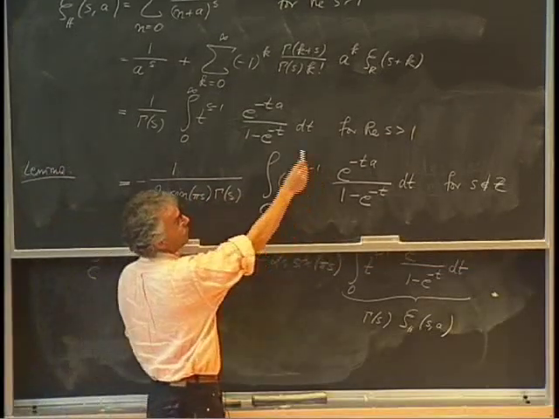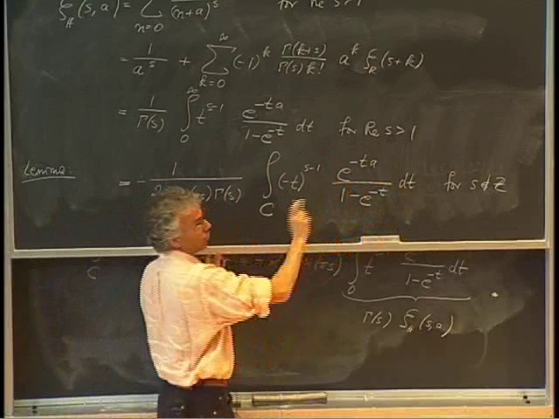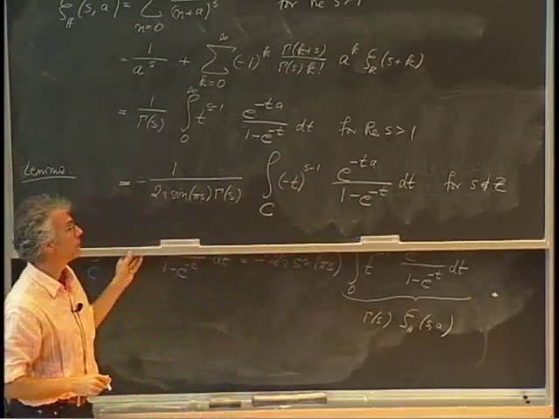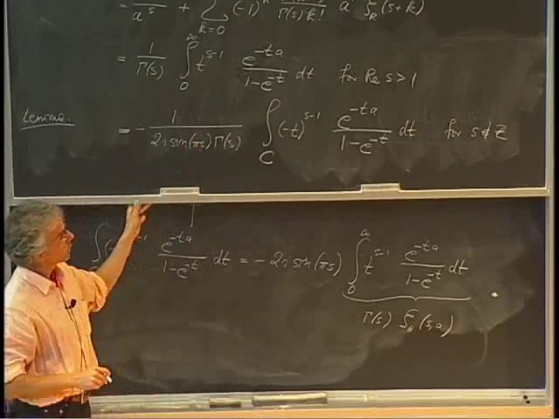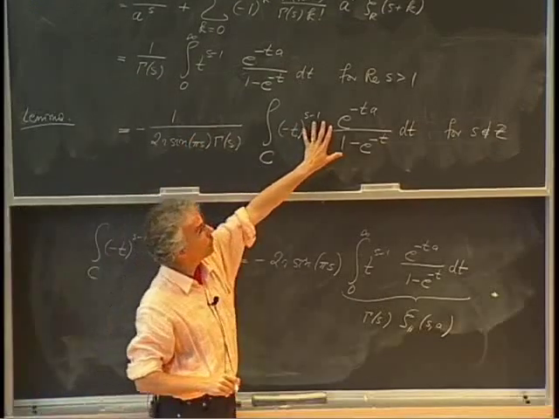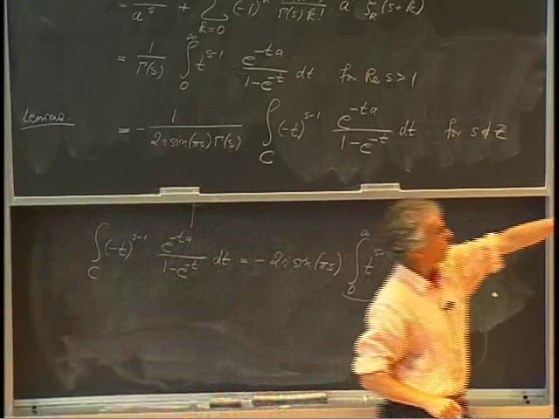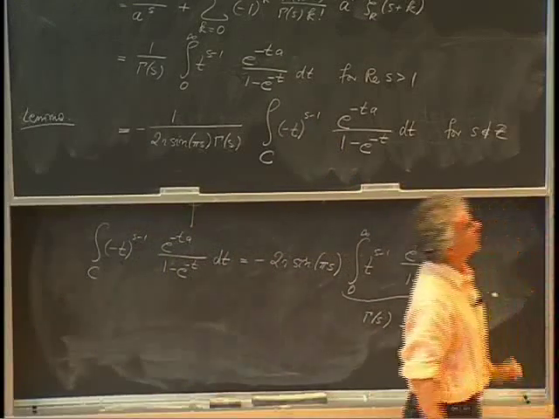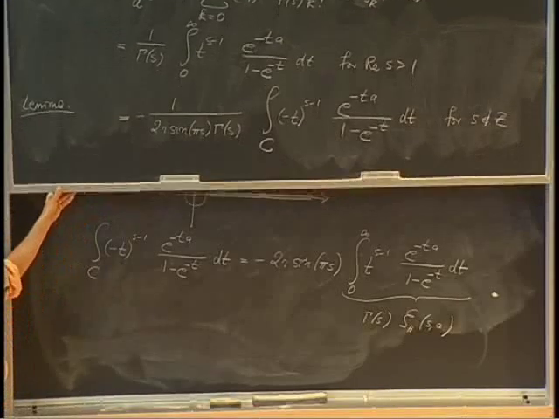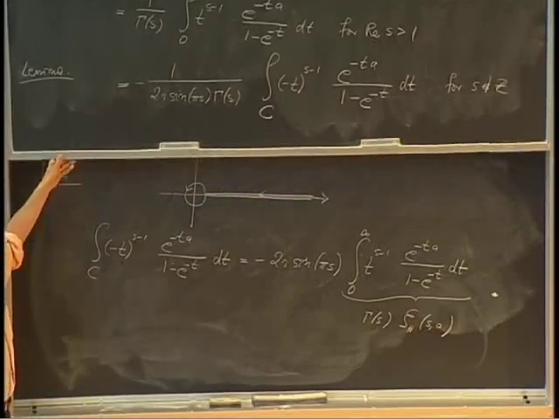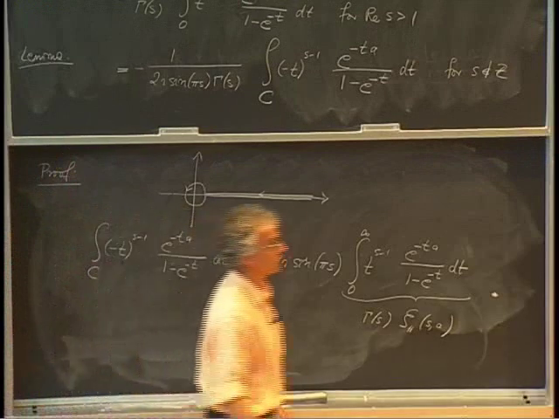And I'm going to evaluate the integral for S in Z, which will multiply some finite number coming from here. So let's concentrate on the evaluation of the integral for those values of S, and that will give the values of the Hurwitz function at negative k more easily than the previous calculations did.